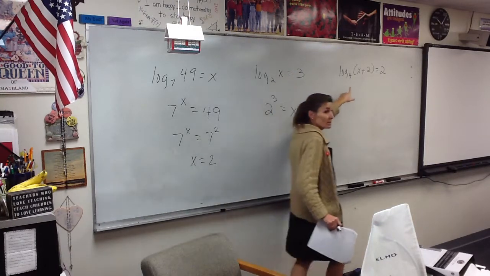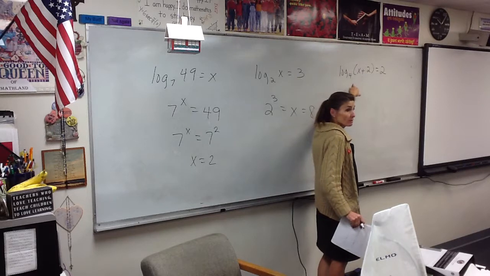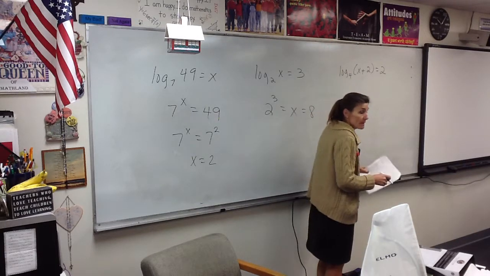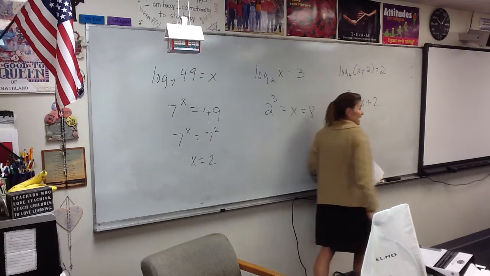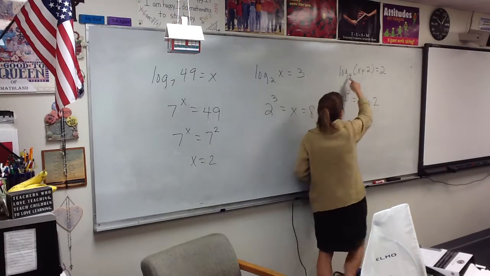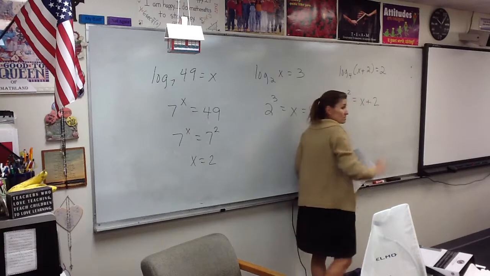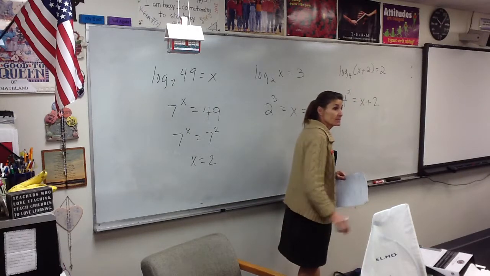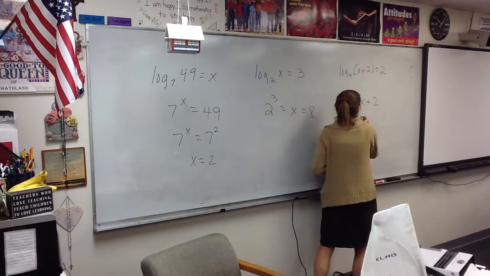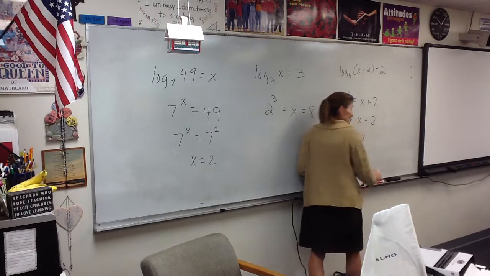So what am I going to do with this one? Yep. 4 to the 2nd equals x plus 2. That's exactly right. 4 to the second equals x plus 2. 4 to the second is 16. So the answer to the question is?